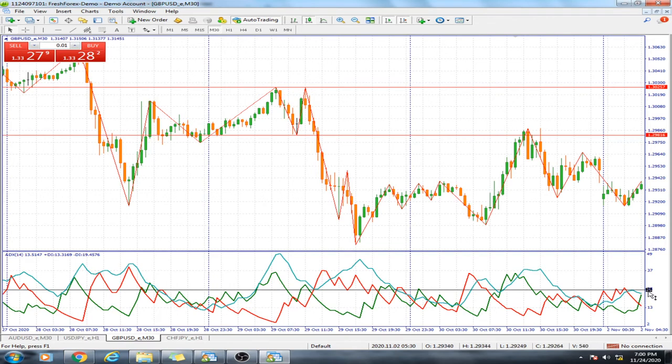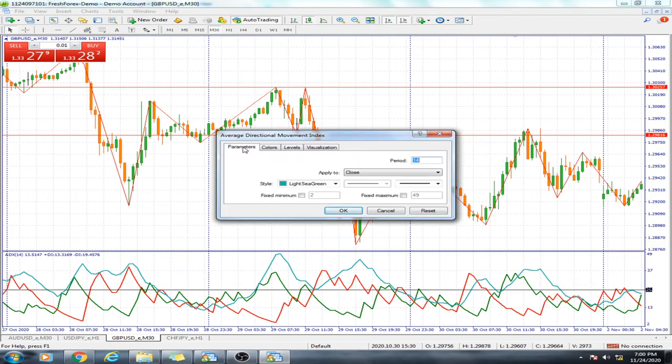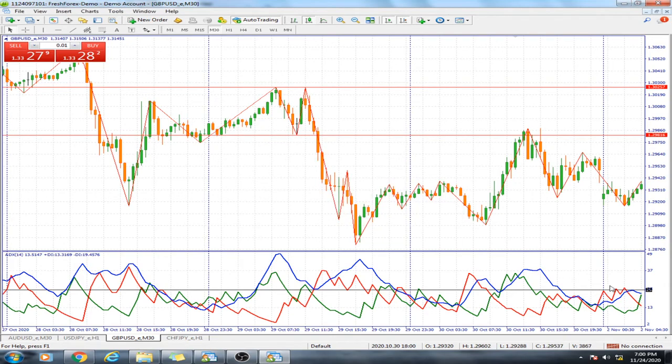So this is important because it's used in relation to this line. We saw that this line is not blue; the color of this line is light sea green. Let's make it blue so that it's completely different from the others. Yes, so the blue line, the one you're seeing, is the one which we use in relation to the level 25.